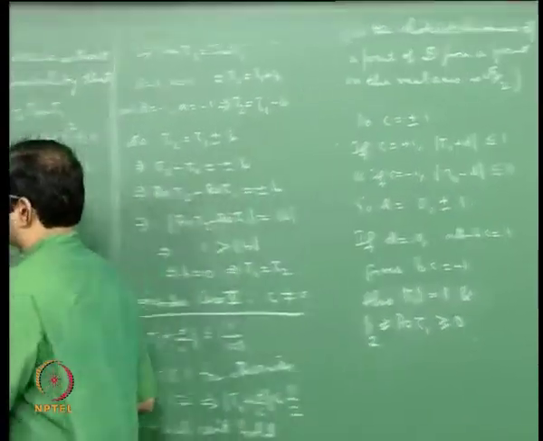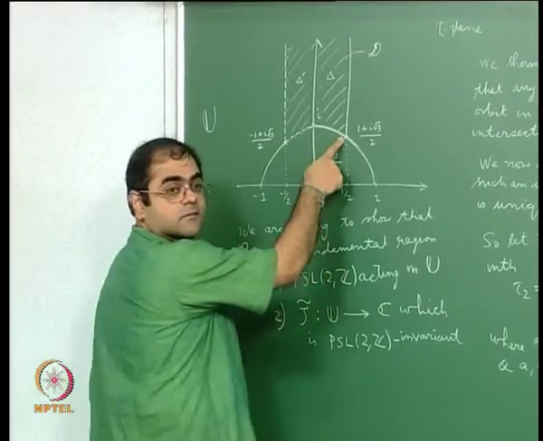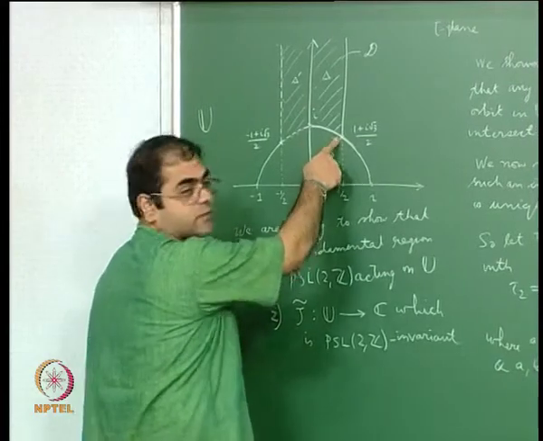So you see tau 1 is lying here on this semicircular arc, that's what it says.